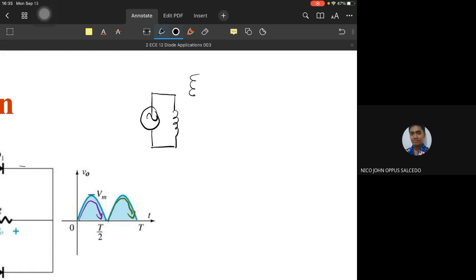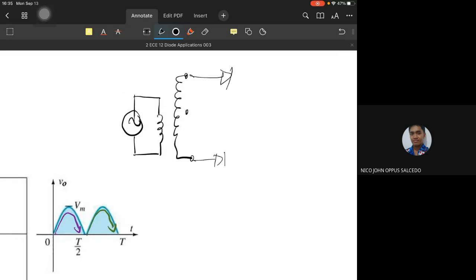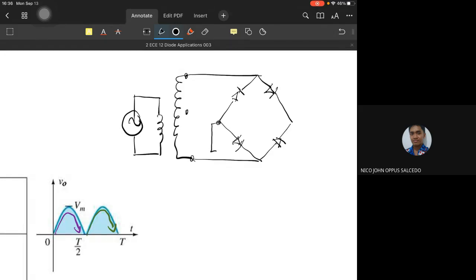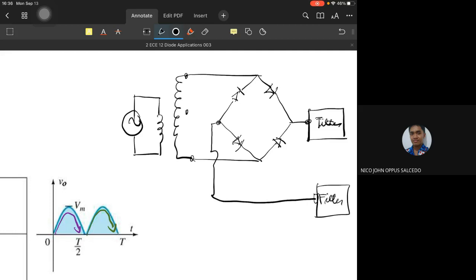So we have the transformer here. But instead, we just put the bridge. Then the next circuit is the filter. Earlier this was grounded.